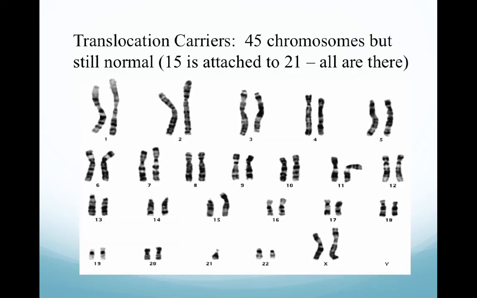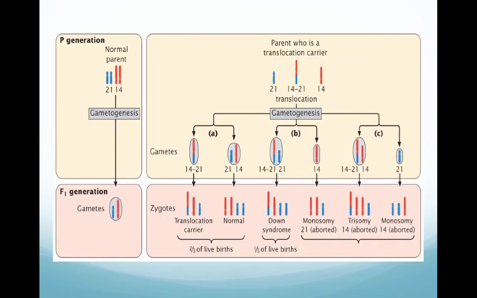So our translocation carriers have only 45 total chromosomes and are still normal, but 15 just tends to be attached to 21. So all the chromosomal material is still there, just the way that it's regulated is much different.